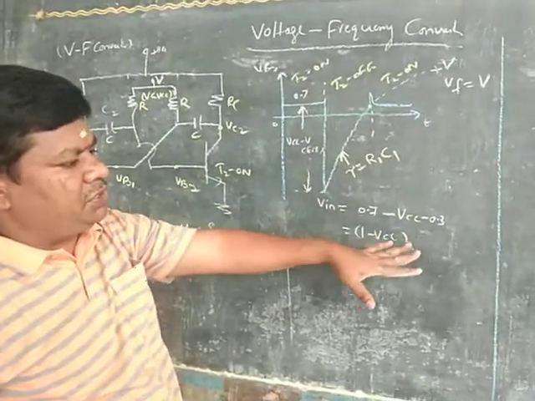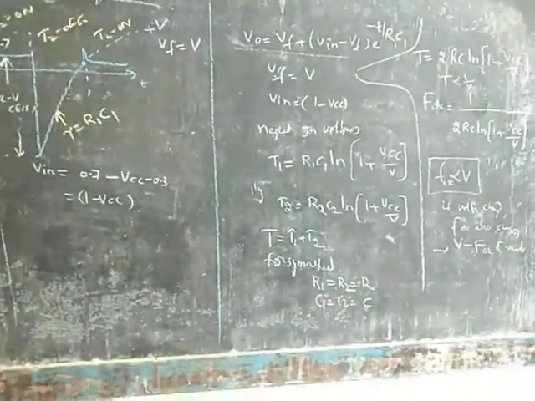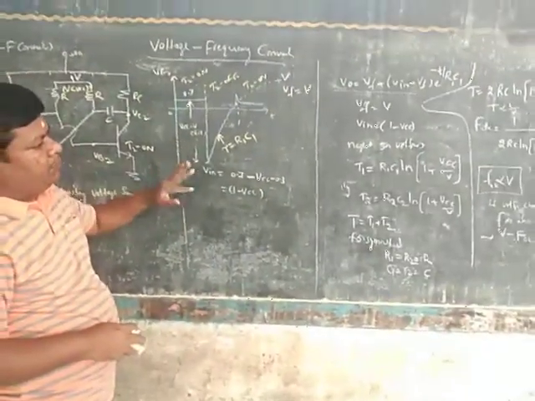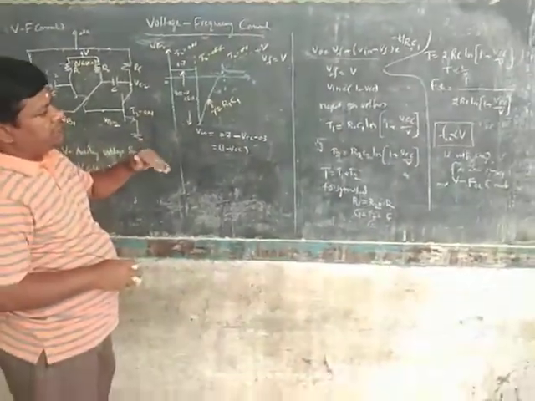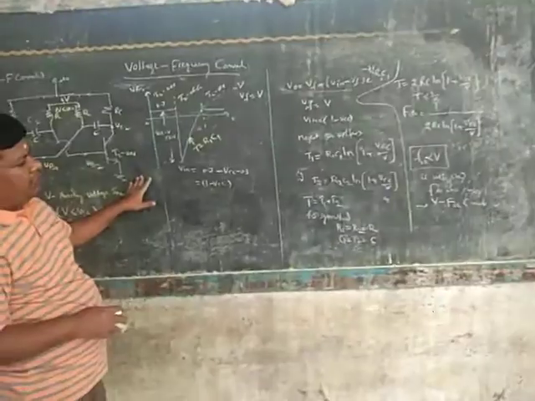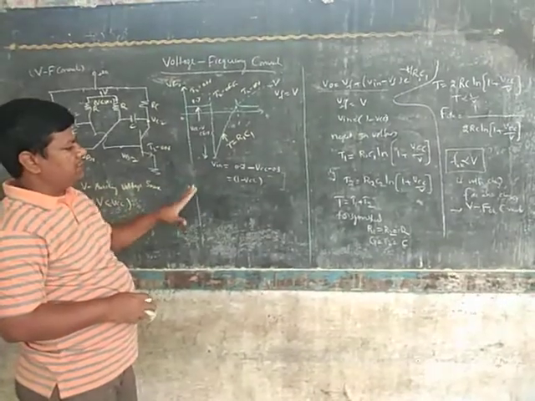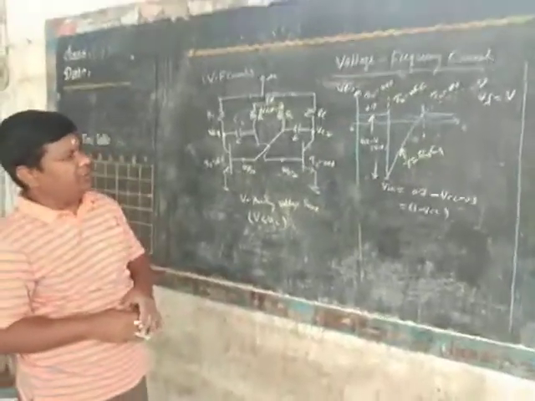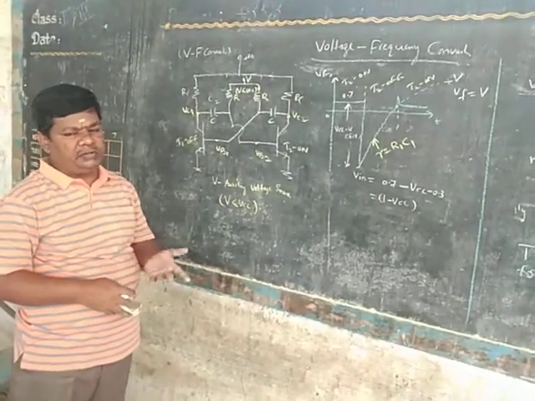Calculate T1, similarly T2, then the capital time period, and the relation between the time period T and V is inversely proportional. Then we come to the frequency of oscillator, 1 by T. The frequency of oscillator is directly proportional to V. As V changes, the frequency of oscillation changes. So this is the main application of the astable multivibrator circuit, voltage to frequency converter.